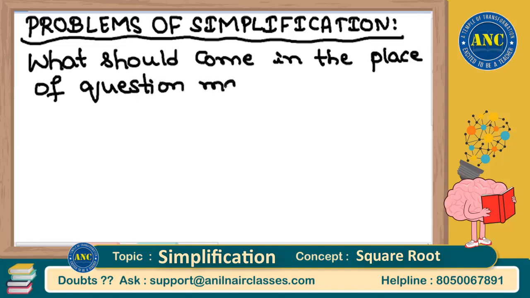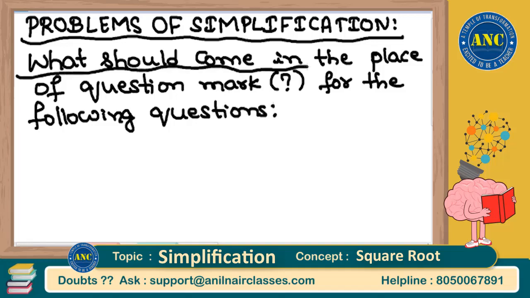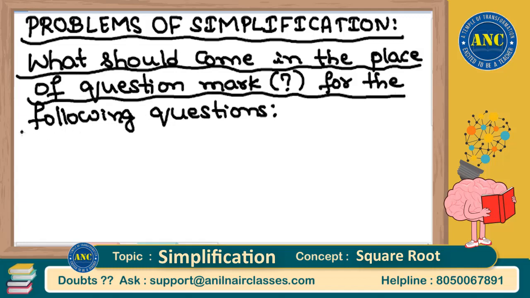What should come in the place of question mark for the following questions? That means we are interested in finding the exact value in place of question mark in all the questions which we are discussing right now.